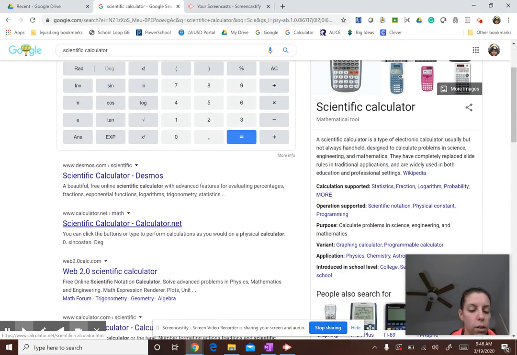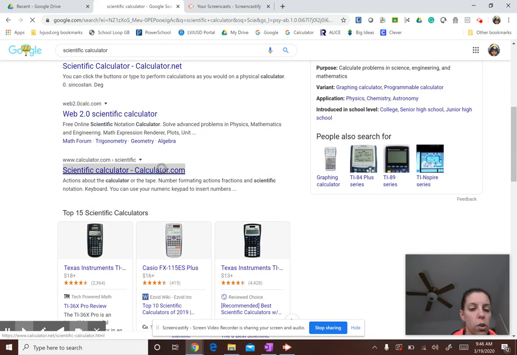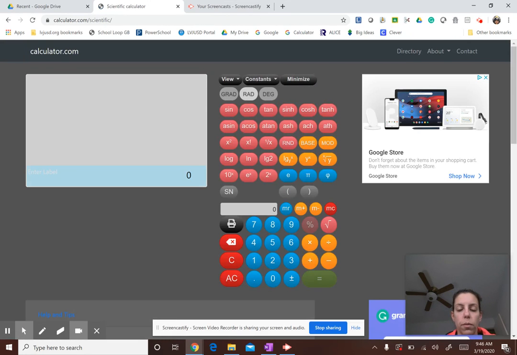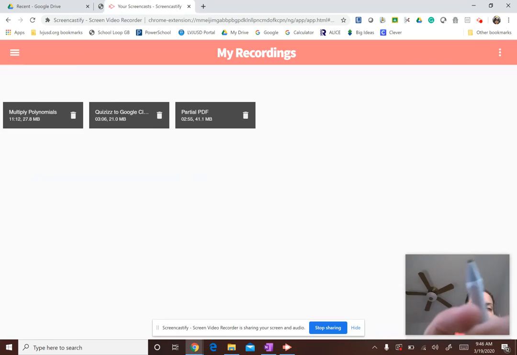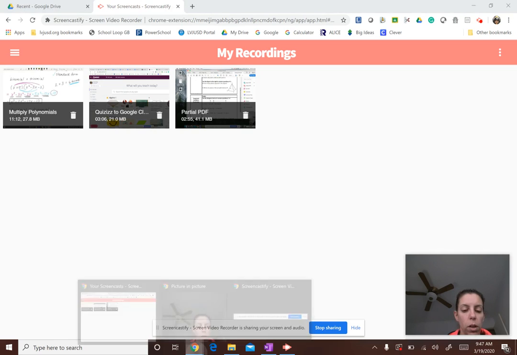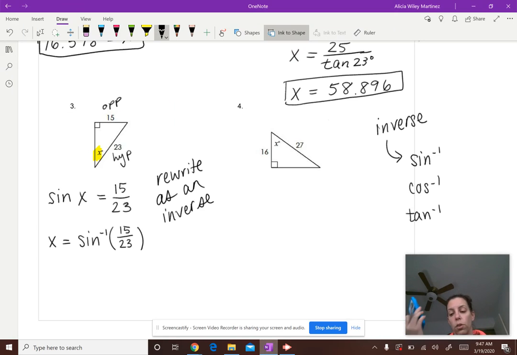Oh, look how many different kinds there are. Let's try a different one here. Oh, I don't know if I like that one. I'm just going to use my old school calculator, and I'll find a good one online and link it to you so that you have a good online calculator if you don't have one here. You also have one on your phones. If you have an iPhone or an Android, you'll be able to find one on there. That might be the best thing to do, so you're not having to be at the computer.